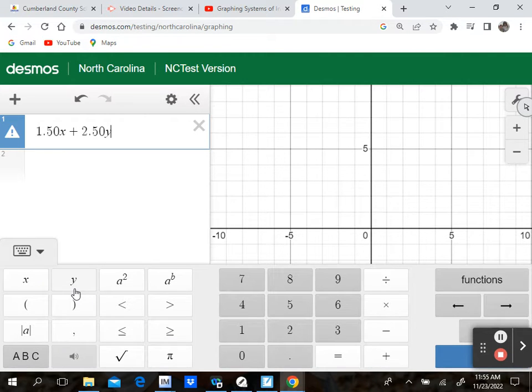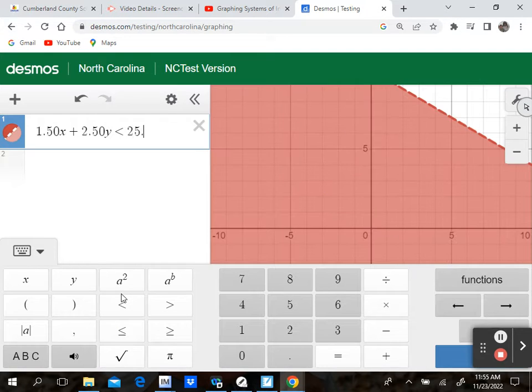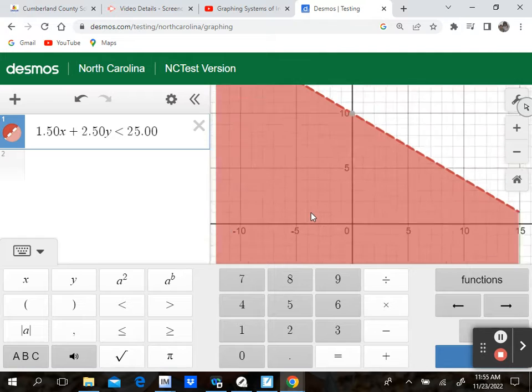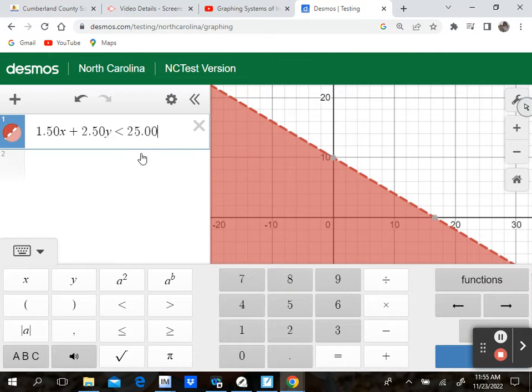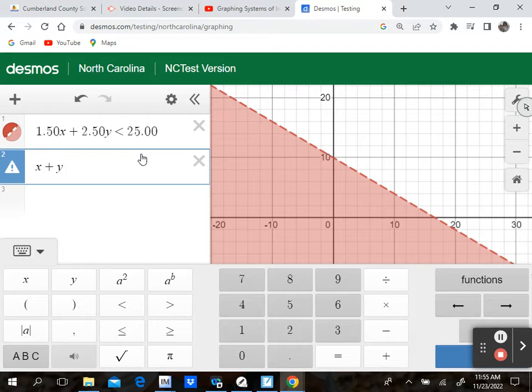To get my less than sign, you can use your keyboard or this. And that's $25, so there's our first one. Zoom out a little bit so we can see it. Then my second one was X plus Y is greater than or equal to 6.